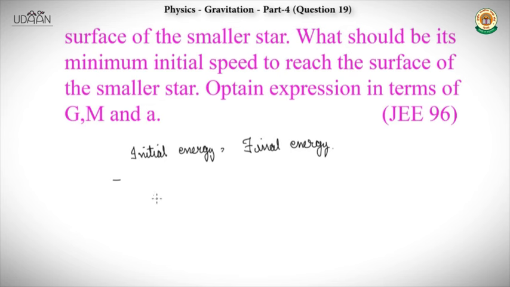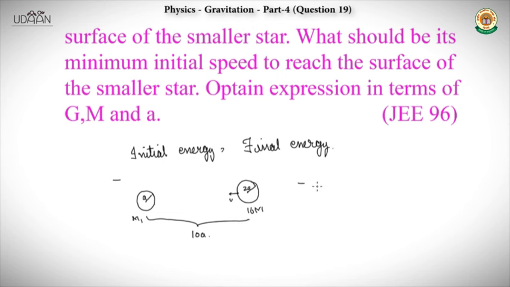I'll draw the diagram first. The question becomes very easy after drawing the diagram. This is m and 16m, and radii a and 2a, and the distance between the centers is equivalent to 10a. So initial potential energy, it is fired from here. This is the velocity over here.